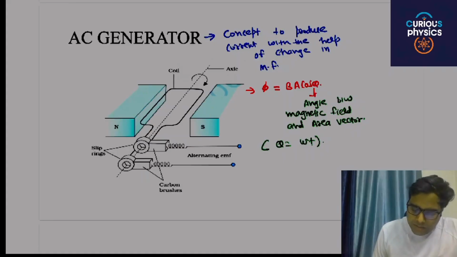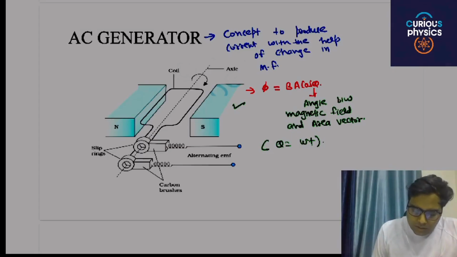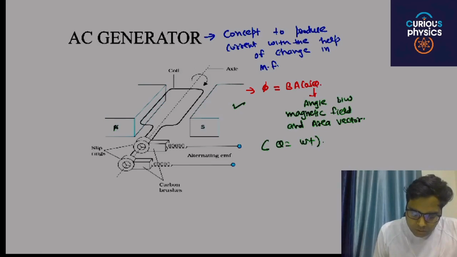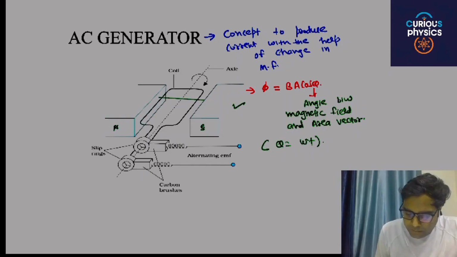Okay, this is the basic construction of this AC generator. The AC generator consists of two large magnets. This is the north pole, this is the south pole. If the magnets are very large, they will produce a constant magnetic field, and the direction of the magnetic field will be in this direction.